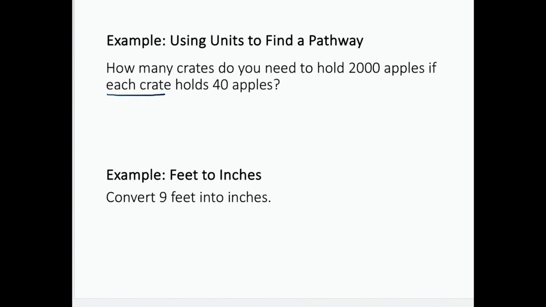It says each crate holds 40 apples. So I can say 1 crate is equal to 40 apples. There's our conversion factor. So when we look at what the question is asking us, it says, how many crates do you need to hold 2,000 apples? So our answer should be in crates.